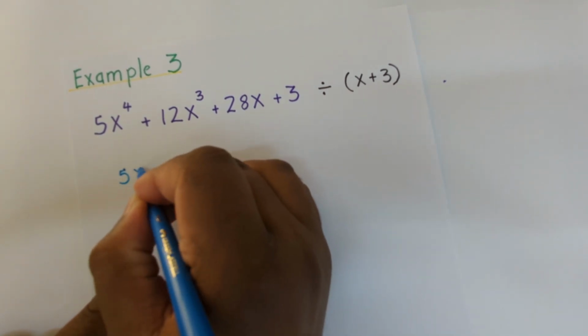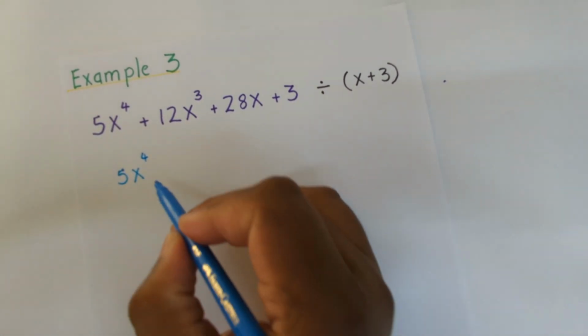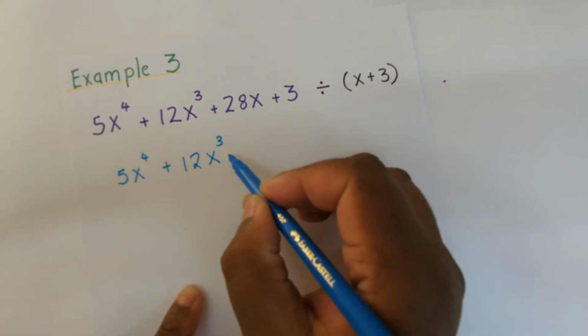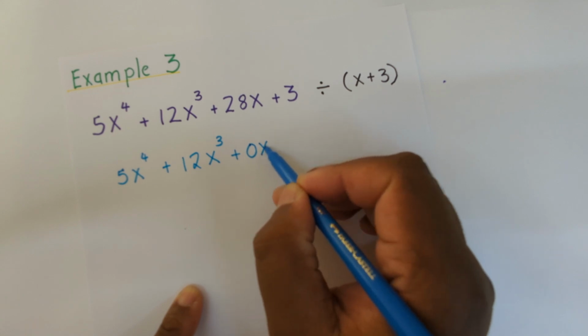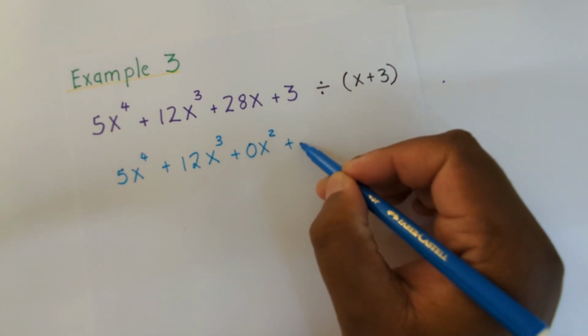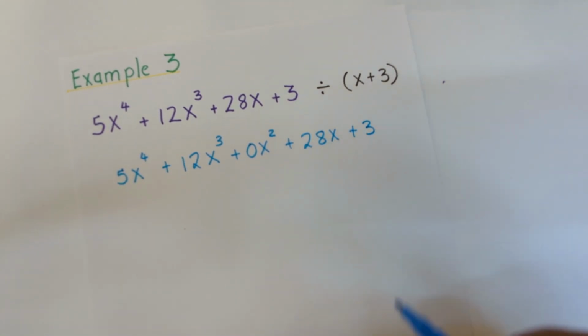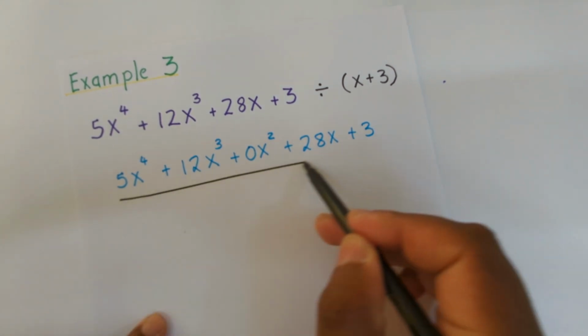So we have 5x to the power 4 plus 12x to the power 3 plus 0x to the power 2 plus 28x plus 3, and this is being divided by x plus 3.